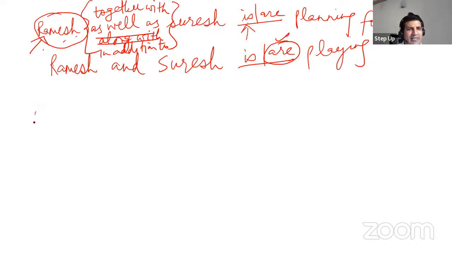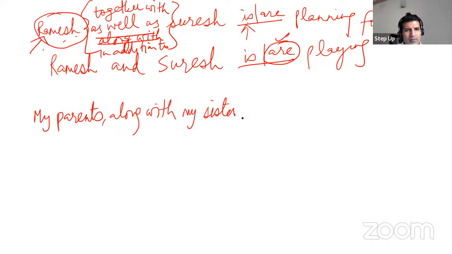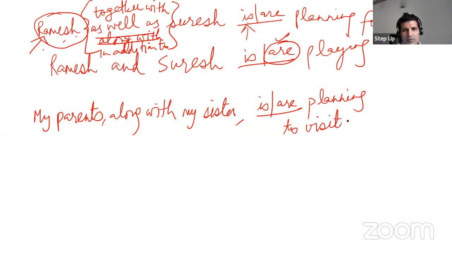Understood? For example, if I say, my parents along with my sister is or are planning to visit me.